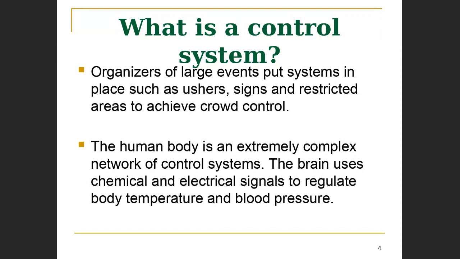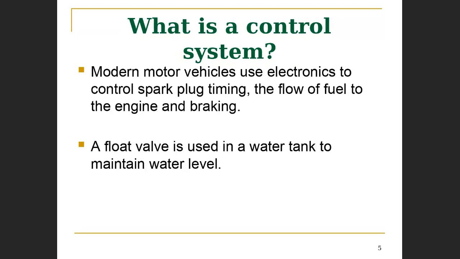So you have signs, ushers, police officers at strategic points and so on. Now, in terms of engineering, modern motor vehicles use electronic control signals to do spark plug timing and to meter the amount of fuel going into the engine. Even the braking, as you will see in a few slides from here, is done electronically, and that is through control systems.